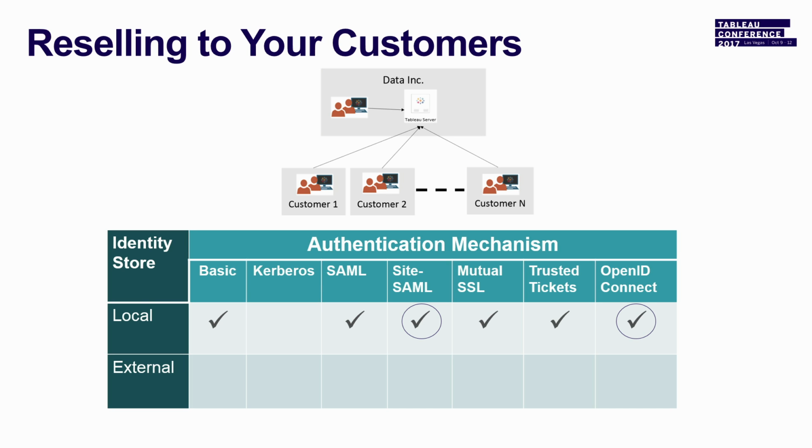So in these kind of cases, the options become much more limited. As you can see, there are external auth options. For example, with AD, it won't work because it's highly unlikely that you'll have users from multiple customers being part of the same AD. And so what most customers are doing today, they are using local auth, local identity store, and then with that they use either site SAML or they use OpenID Connect.